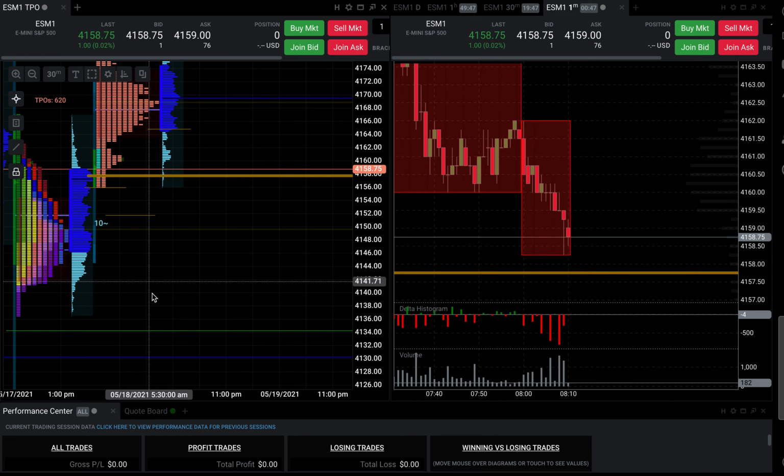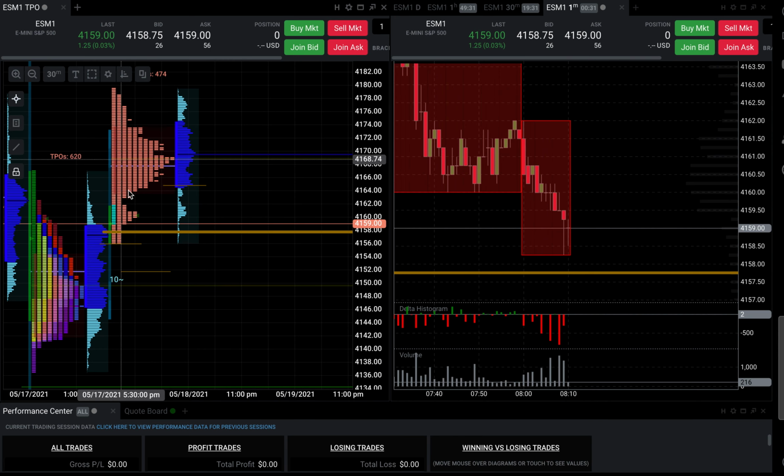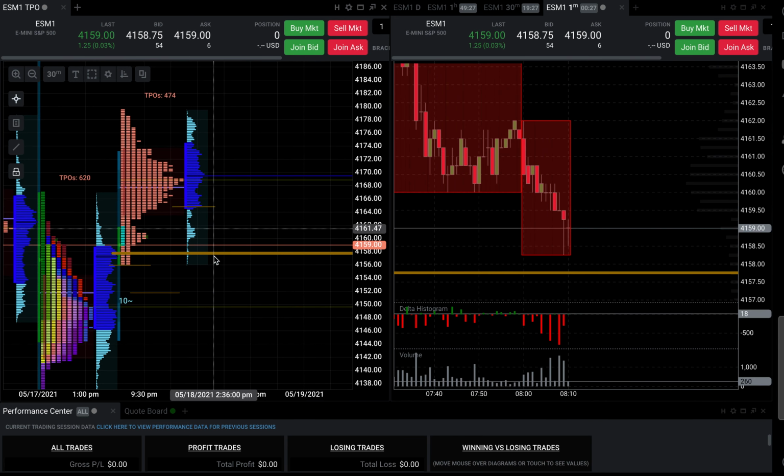So looking at that, settlements right here, prices above it. We did most of the trading above it, so that means that we can say 99.9% of all overnight traders were net long. So that means we're due for a correction to the downside.